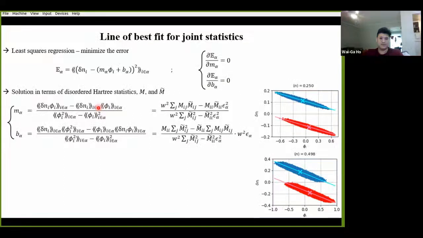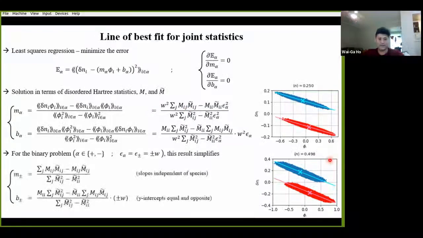I'm skipping all the algebra, but just want to point out that these fit parameters will end up being expressed in terms of the disordered Hartree moments, which we actually computed on the previous slide. Therefore, those identities that we obtained can be used to re-express things in terms of our m and m tilde response functions.